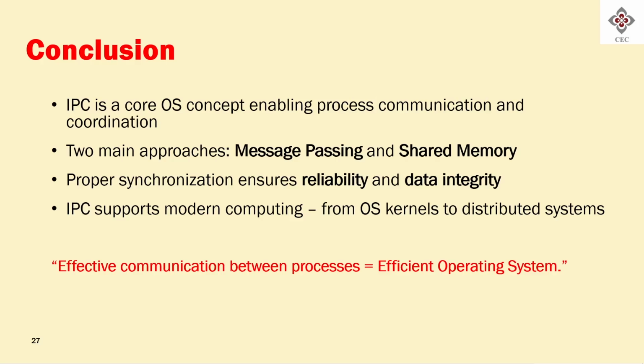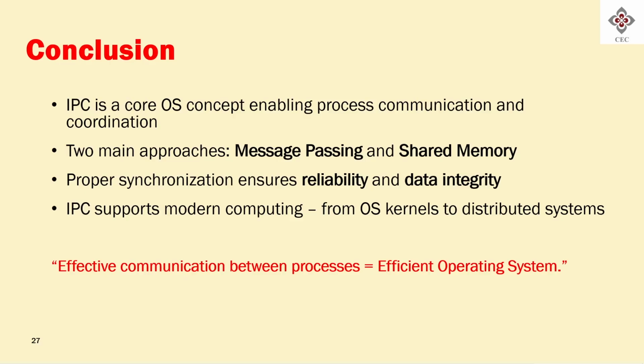Overall, IPC is the core concept in operating systems that enables communication and coordination among processes, and the two main approaches used for IPC are message passing and shared memory. We have discussed exclusively how message passing is done and how shared memory is accessed by two processes without any conflict using synchronization mechanisms, which ensure the data is accessed by the correct process at the right time, and in the meantime no other process accesses the data.